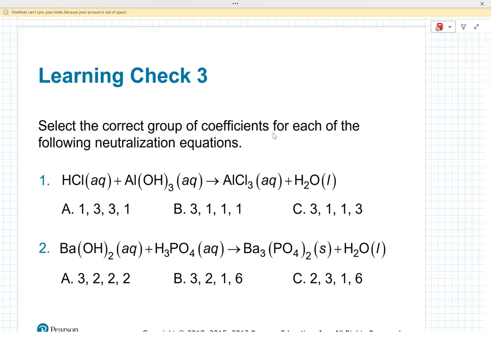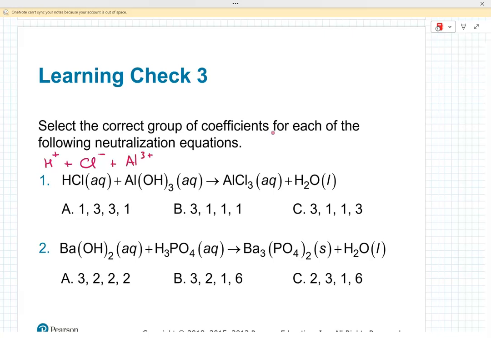So again, you can't. Well, actually, we're not going to cancel aluminum. Well, we will eventually, but we need to write a complete reaction. So how many hydrogens are on the left? Oh, sorry, how many hydrogen ions produced by HCl? One.